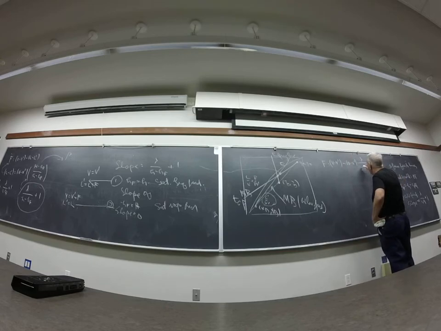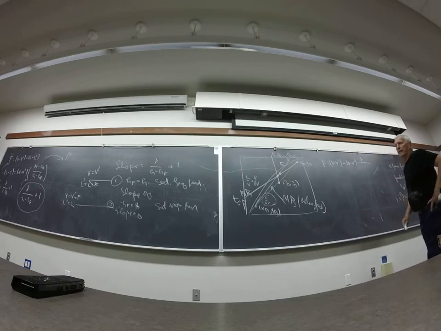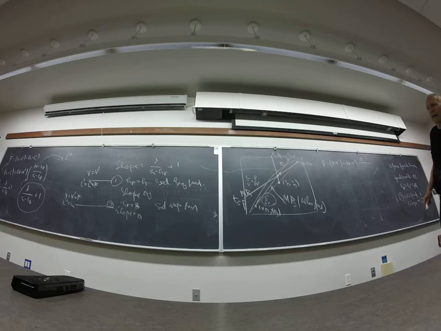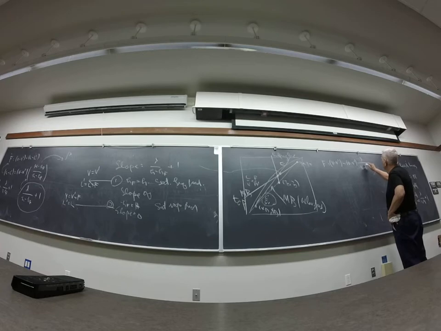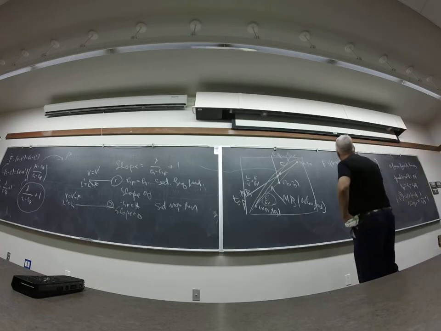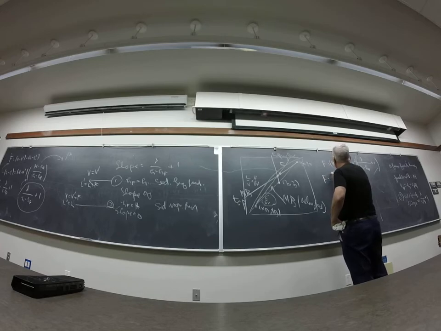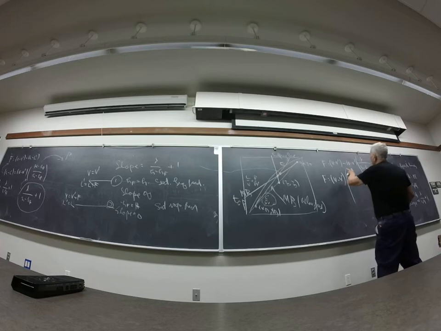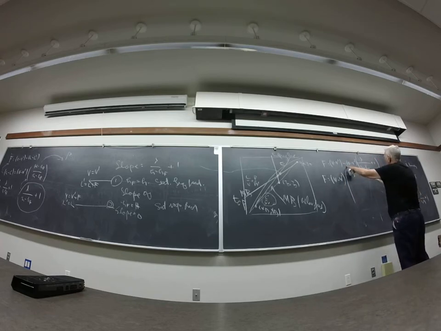Lambda over H minus HF plus 1. So I'm going to write this as F equals V minus V prime times 1 minus this.